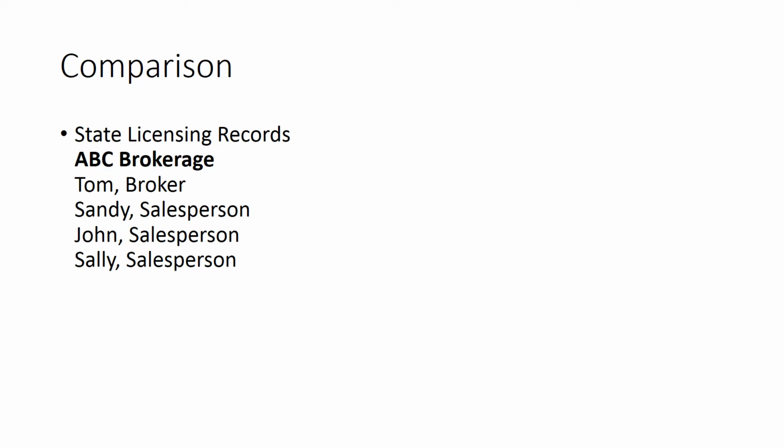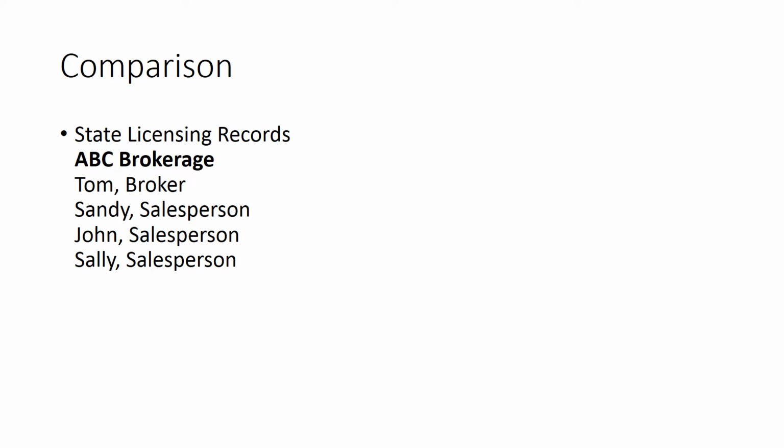And that means that if Tom is going to have that active brokerage, and Tom's going to be a realtor, and that brokerage is going to be a realtor associated brokerage, then Sandy and John and Sally all have to be realtors and dues paying members of their local association.